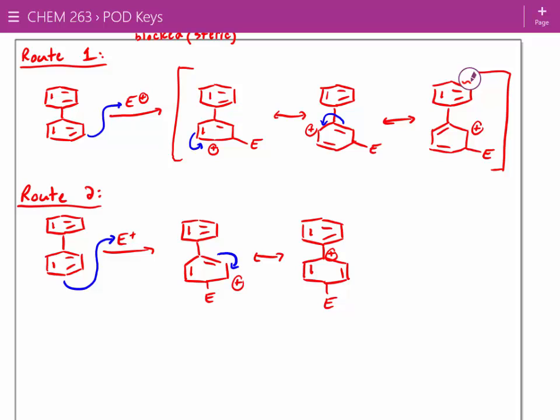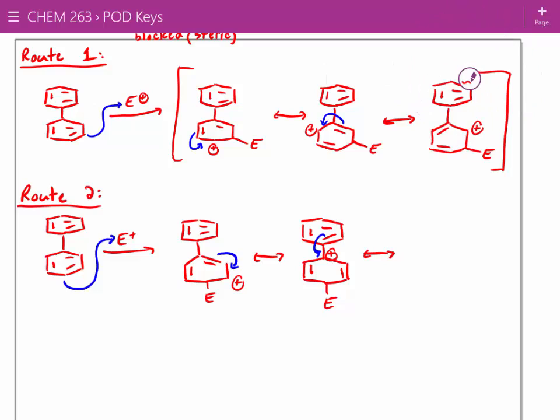So we can keep on delocalizing through that lower ring, but what's unique with this resonance structure? It's a tertiary carbocation, and what else is special about it? It can delocalize into the other ring. Technically, it's a benzylic carbocation, right? So we can actually show delocalization coming down from this ring.